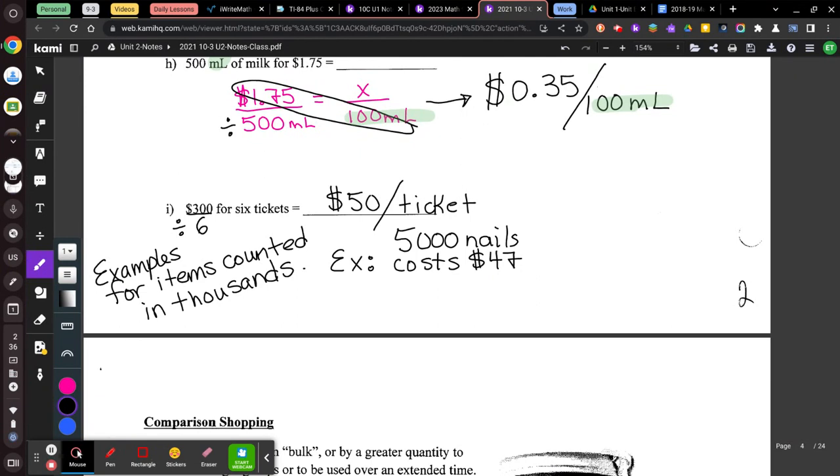You want to know the unit price. So if I ask you for unit price, because it is in 1,000 amount, you're going to cross multiply. So this is again a cross multiply situation.